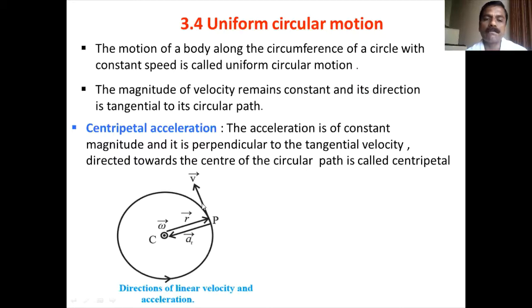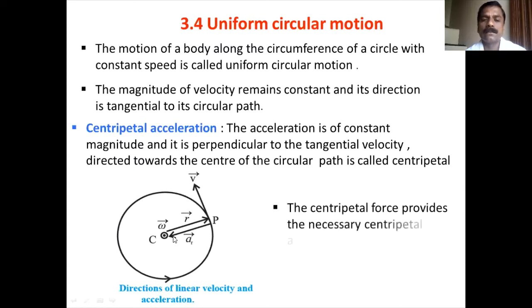You will find this v bar is the tangential velocity. The r bar is nothing but the position or the radius vector. This a bar is nothing but the radial or the centripetal acceleration, which is a vector shown here. It is along the radius and towards the center of the circle.